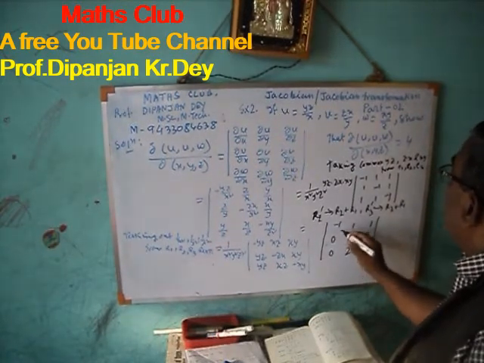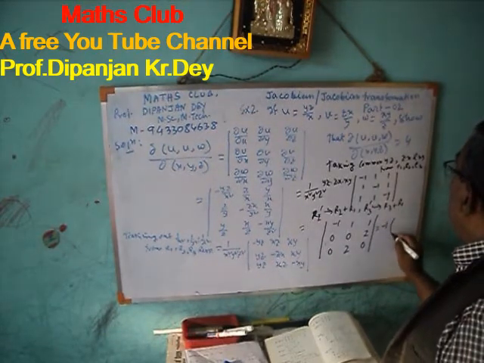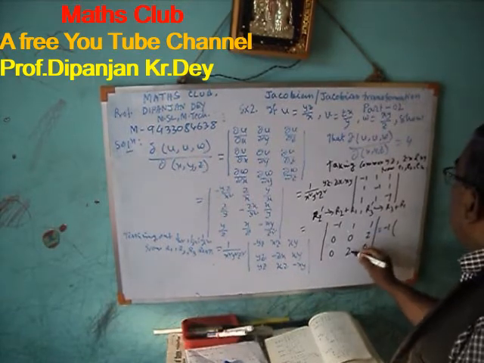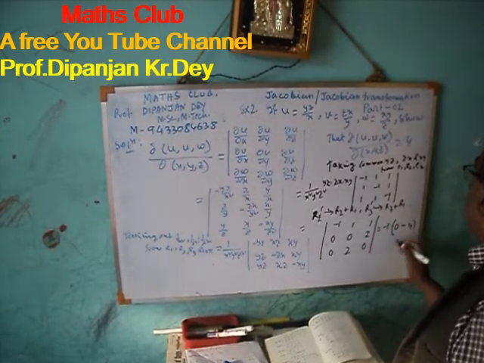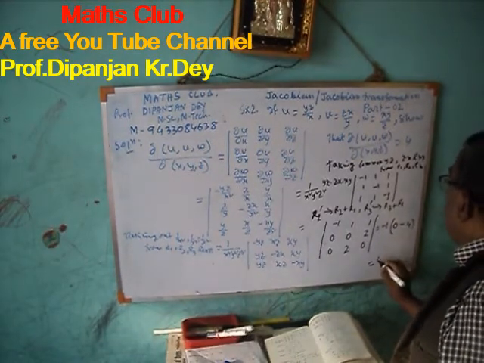So break the determinant this way: minus 1, then 0 into 0 minus 2 into 2, that is 0 minus 4, that is minus 4. So minus minus plus 4.